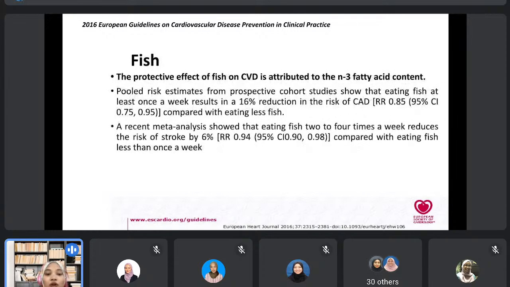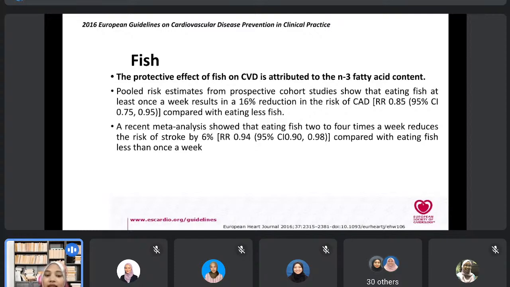So recommendation on fish, it says that it has a protective effect on CVD, which is attributed to the omega-3 fatty acid content. So from a pooled risk estimate, eating fish at least once a week will result in about 16% reduction in the risk of cardiovascular disease compared with those who eat less fish.